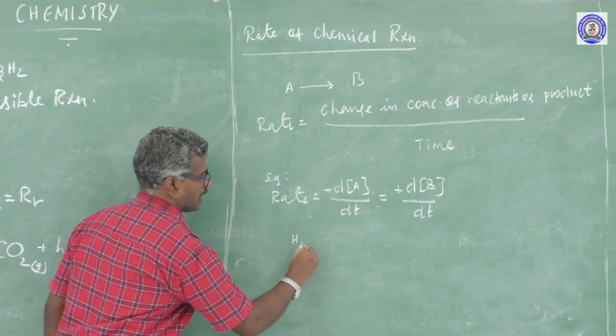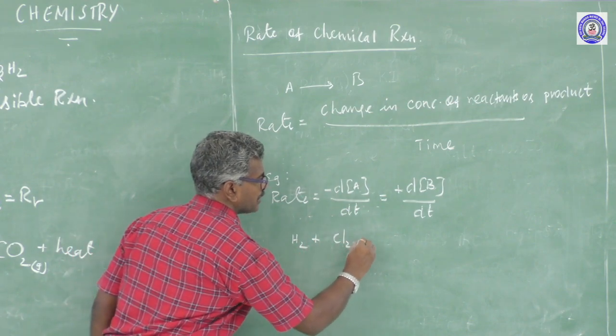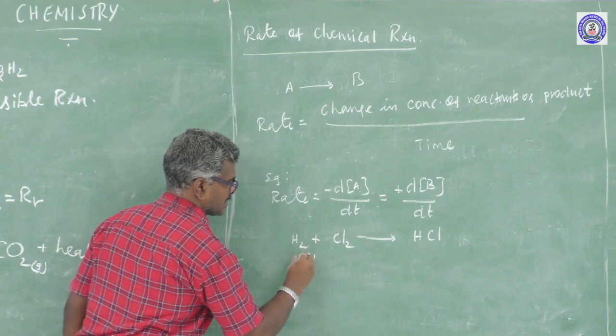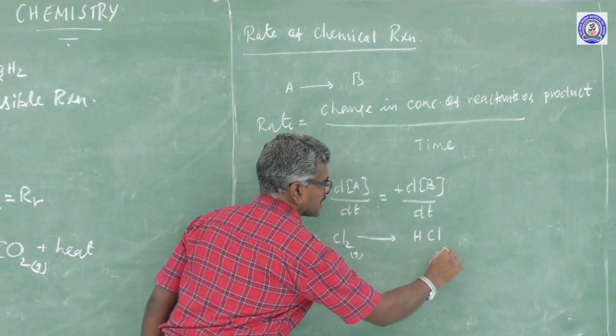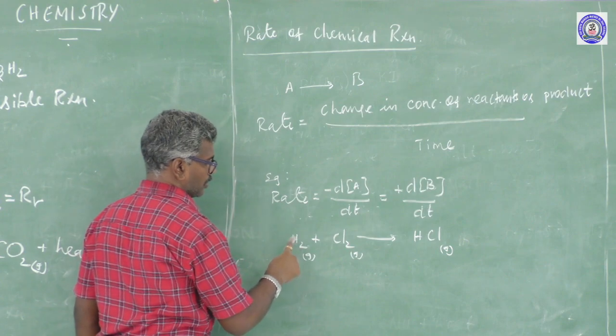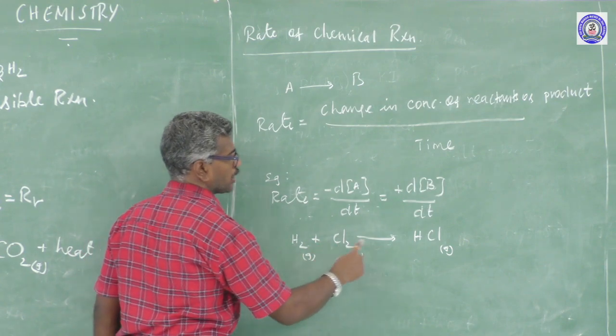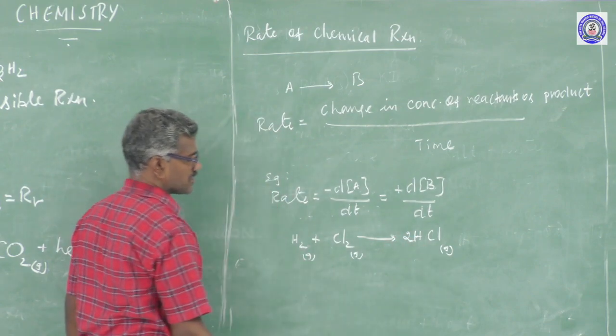For example, hydrogen reacts with chlorine to form HCl, all in the gaseous state. One mole of hydrogen reacts with one mole of chlorine to form 2 moles of HCl.